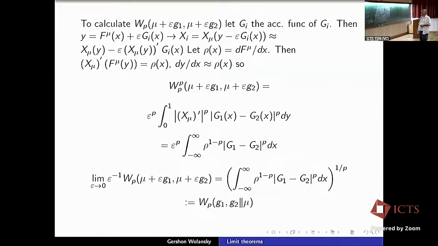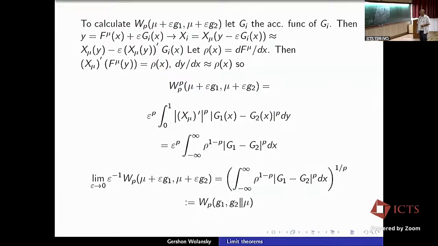Because it's really much bigger than the p-th power of epsilon. If the density mu has a gap, then particles have to jump over this gap. So they pay a price of order epsilon, and then we get something of order epsilon and not epsilon to the power p.